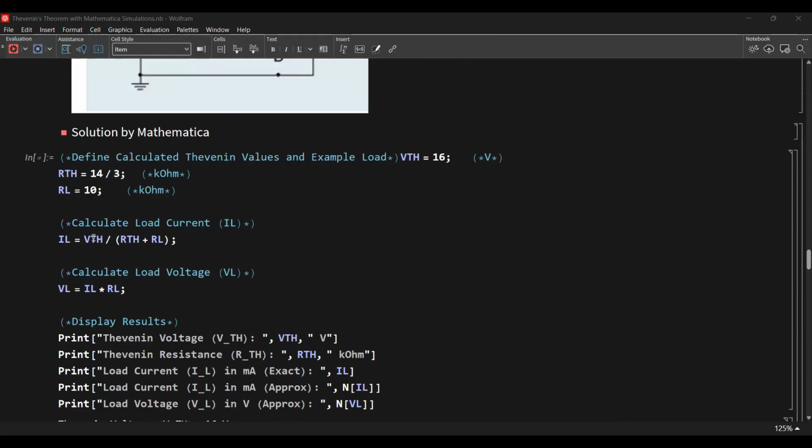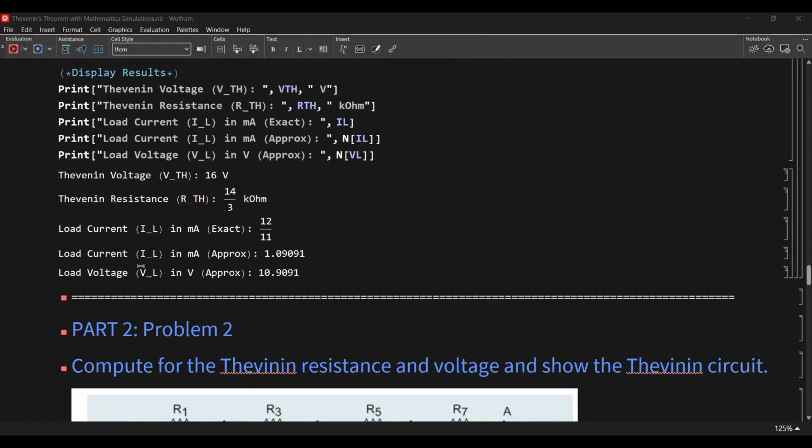By using this formula, VTH over RTH plus RL, we have IL with an approximate value of 1.09091. Then the voltage here is 10.9091.